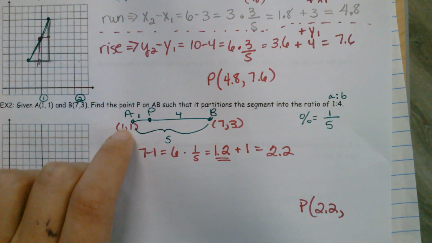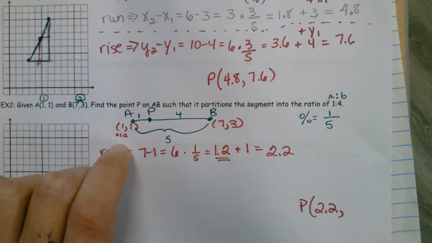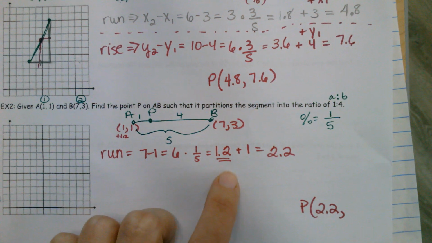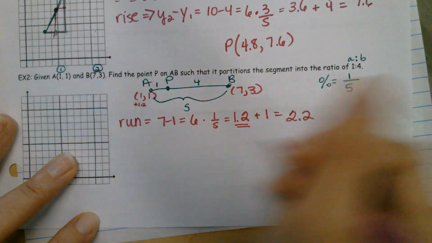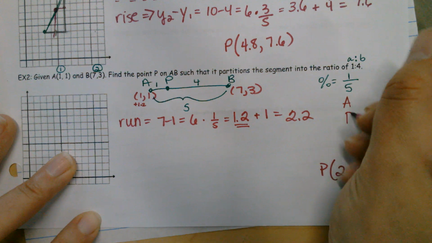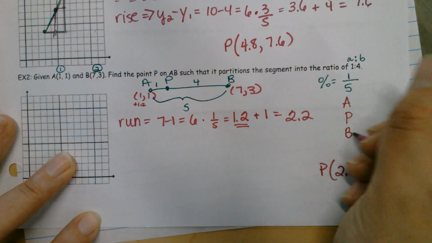Okay, so you're always going to add whatever this point is. Really, it's like we're adding 1.2 to 1. Remember when we did the endpoint midpoint problem where we were adding it again? That's this. We are just adding it again. So A is here, P is here, and B is here.